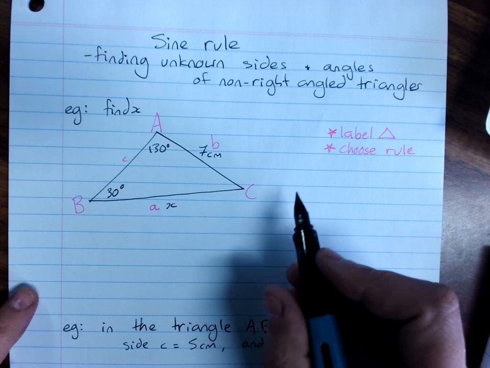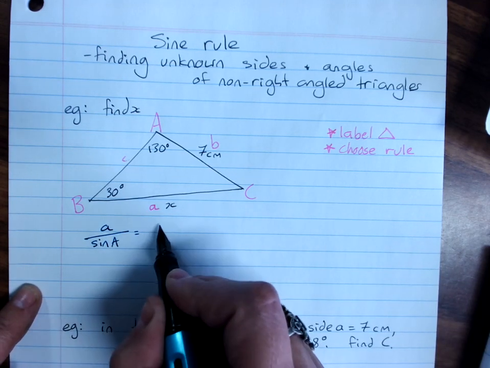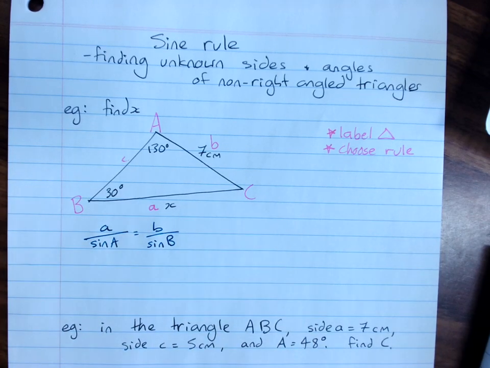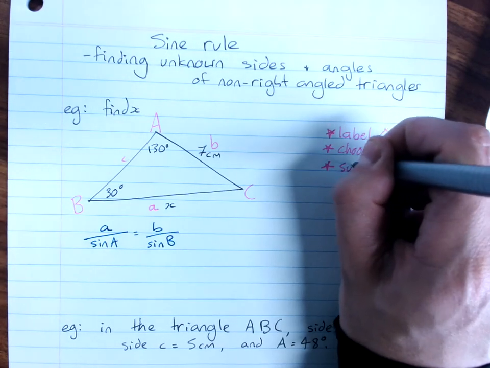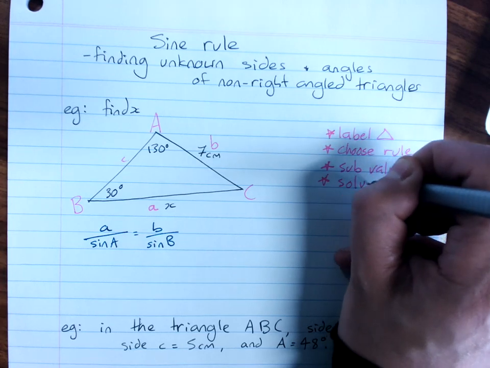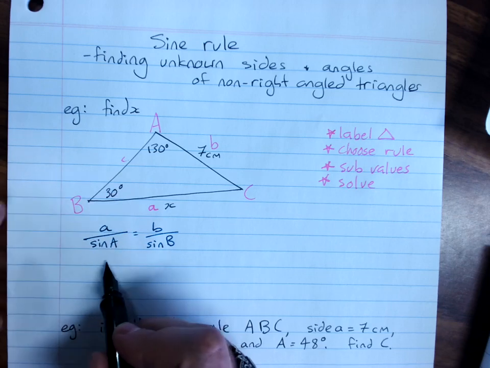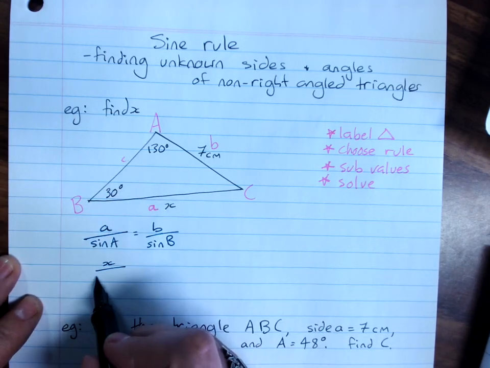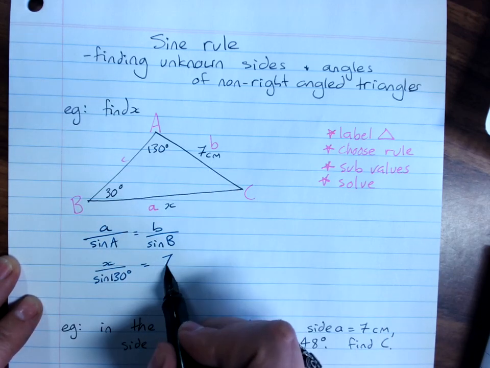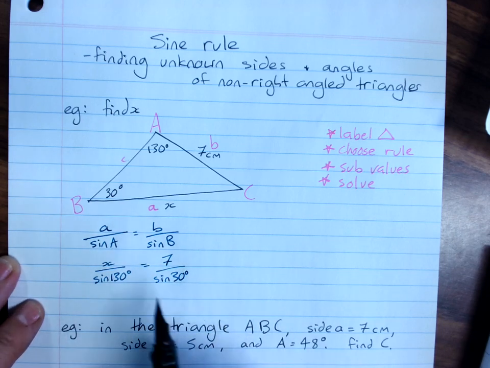So that is, I write a over sine A equals b on sine B. As always, with trig, we're going to substitute our values and then solve with units. So a here is x on sine of 130 degrees, and that equals 7 on sine of 30 degrees.